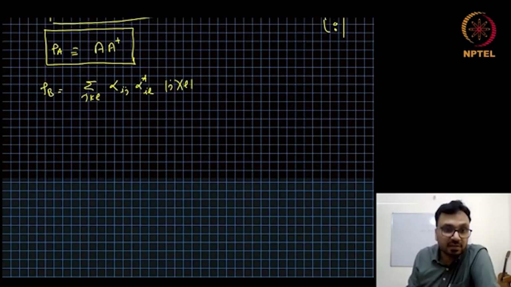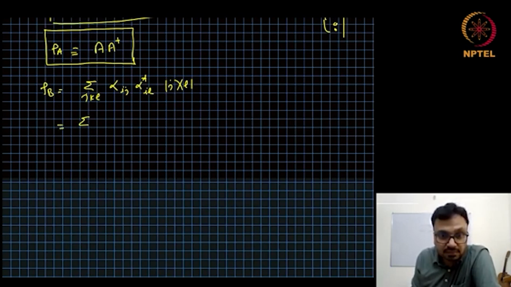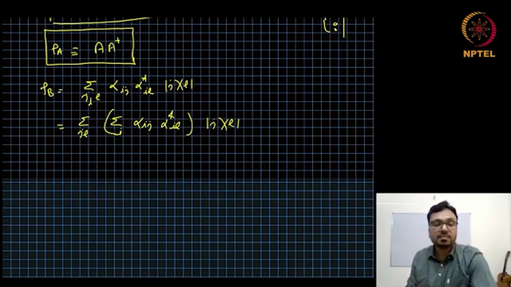After taking the trace over A, we can write this with the sum over i of alpha_ij alpha star_il.